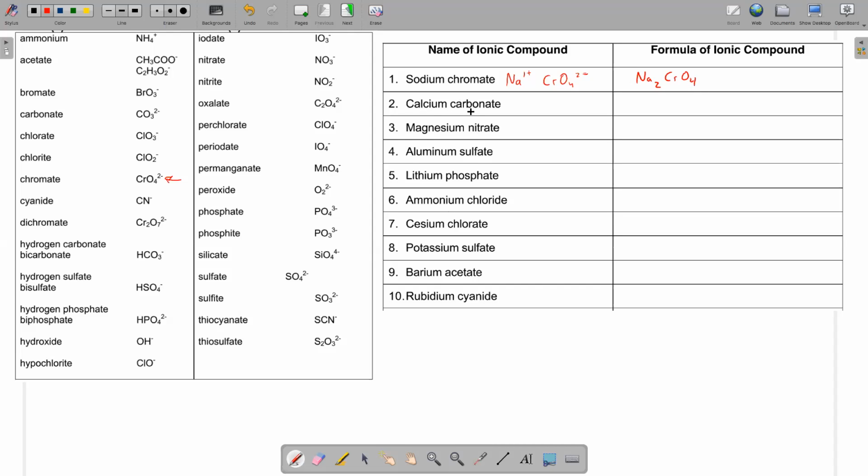So calcium carbonate. On the periodic table, you'll find calcium is in group 2, so it has a charge of 2 plus. And then carbonate, well, that sounds like the element carbon, except carbon is in group 14. It would have 4 valence electrons.